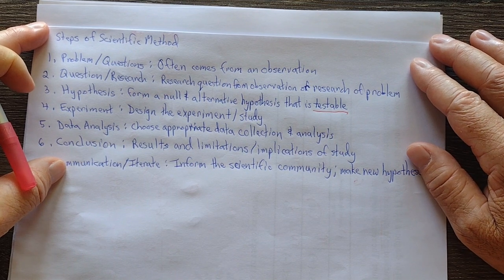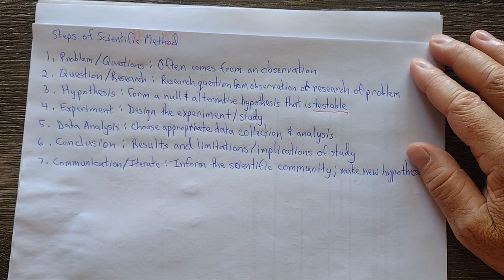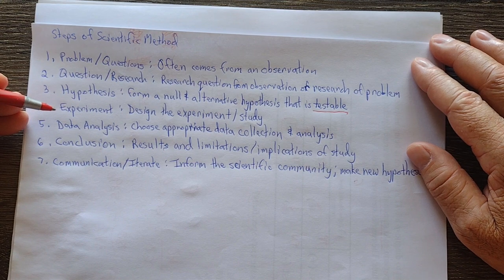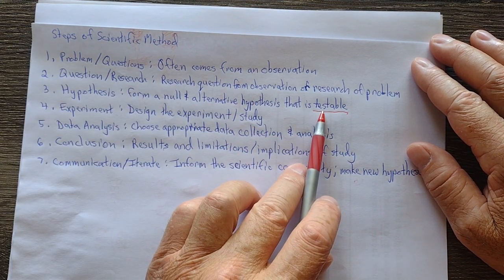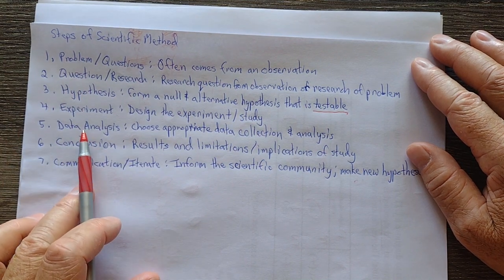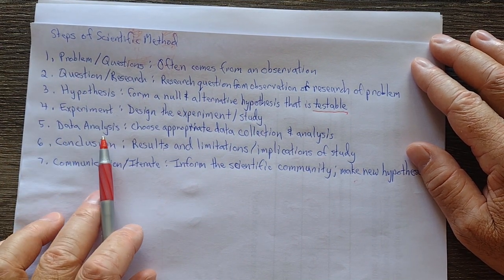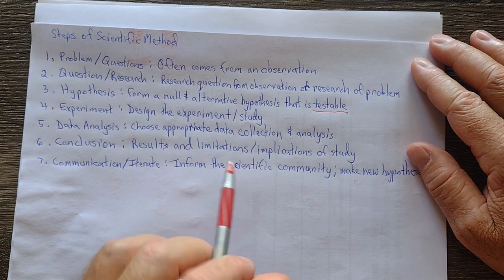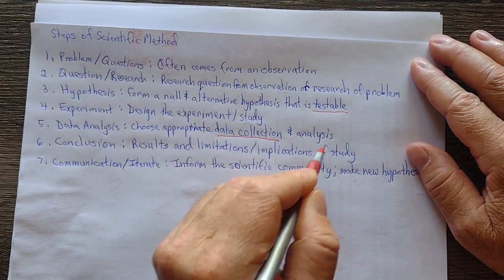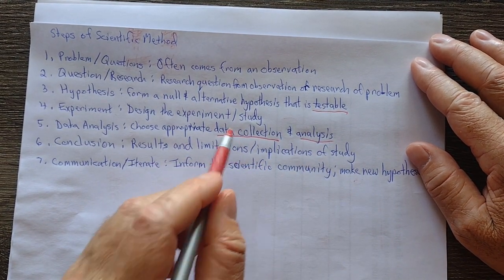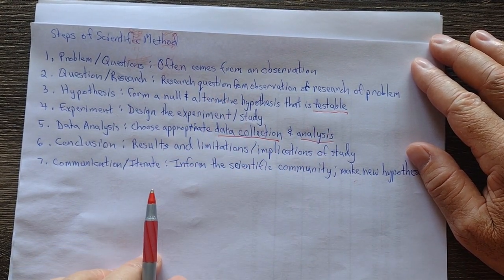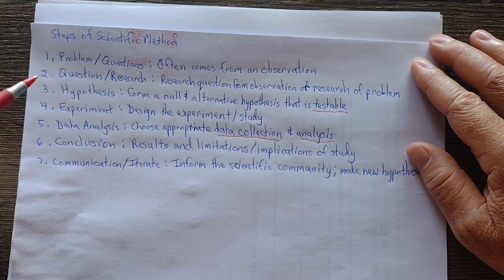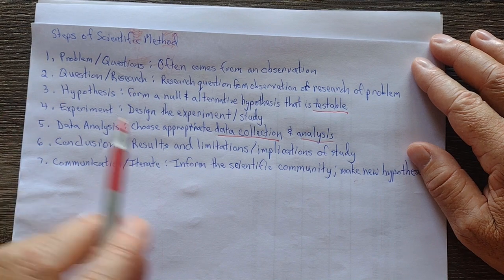How do we design the experiment or the study? And then to make sure that this experiment or study is collecting the data that is going to be testable for the hypothesis. So our next one is the data analysis, which in my mind also includes data collection as well as the analysis. Do we have the correct data for the testable, alternative, and null hypothesis that we're trying to test?